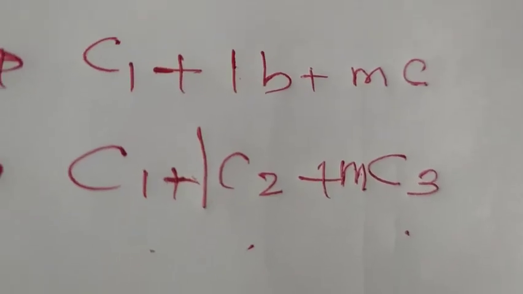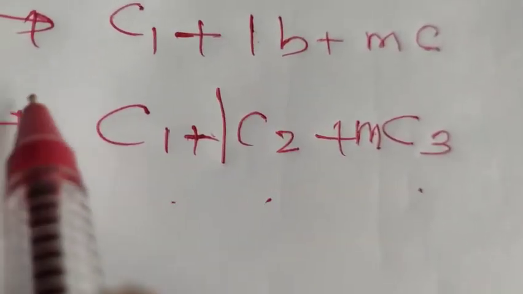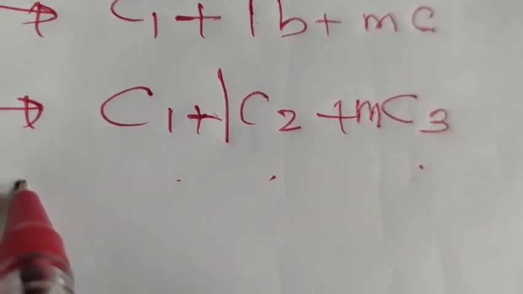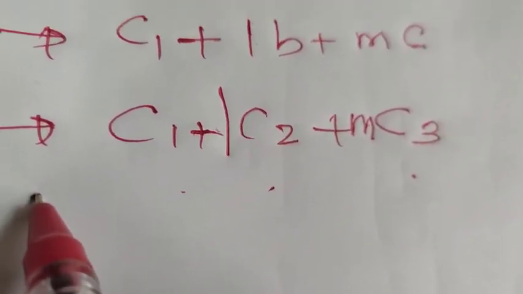The law of a determinant is, if two rows or columns are interchanged, then the value of the determinant becomes negative.